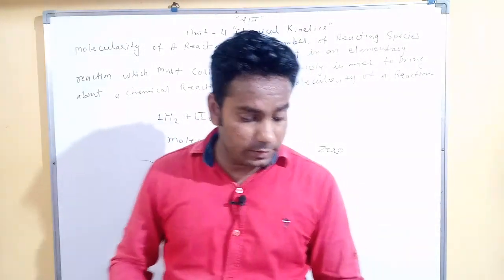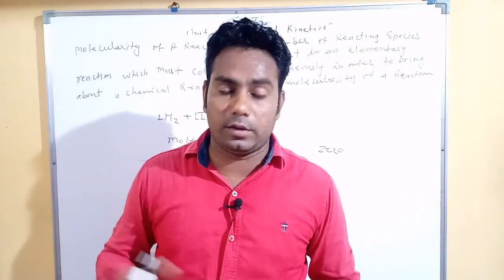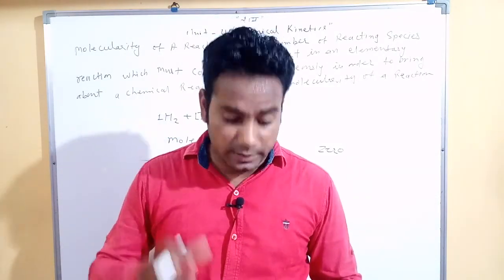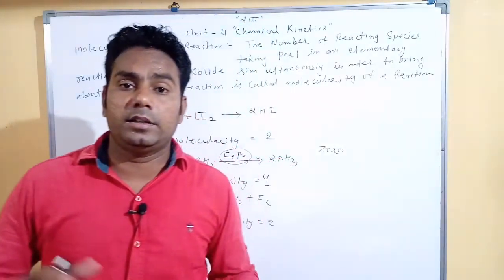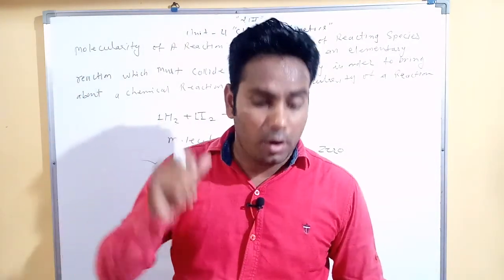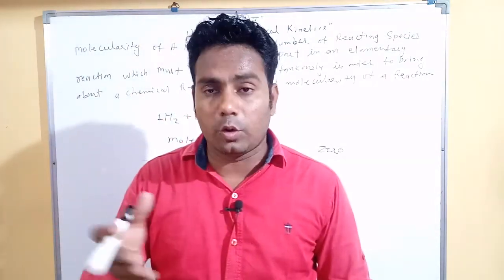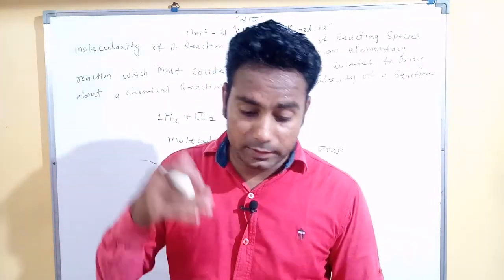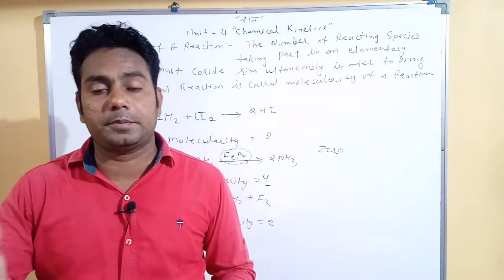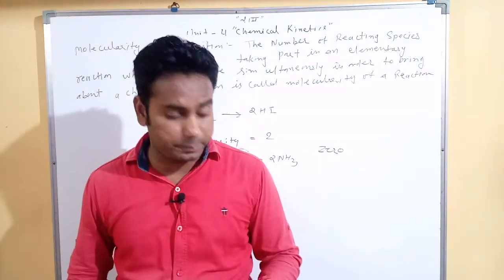Molecularity: the total number of molecules taking part in a chemical reaction is called molecularity. Order of reaction: the sum of powers shown in the rate expression law is called order of reaction. Second, molecularity is a theoretical concept, while order of reaction is determined experimentally.